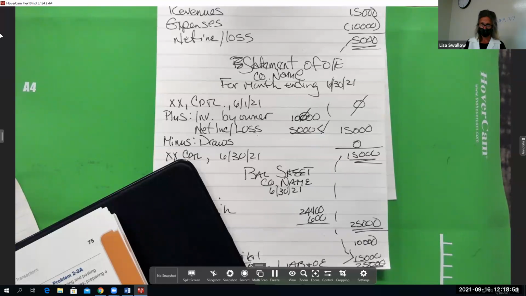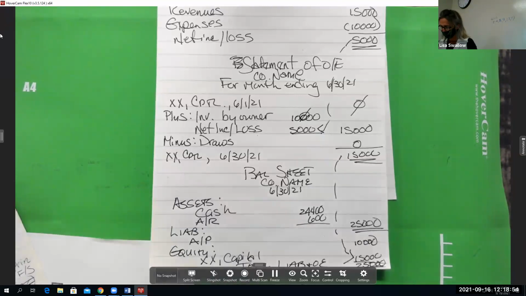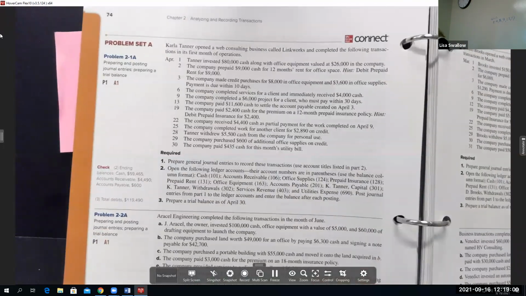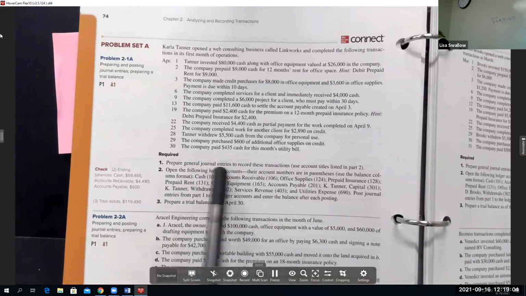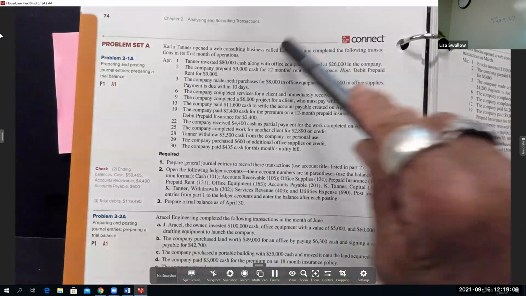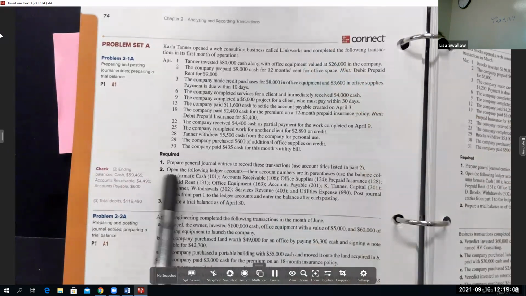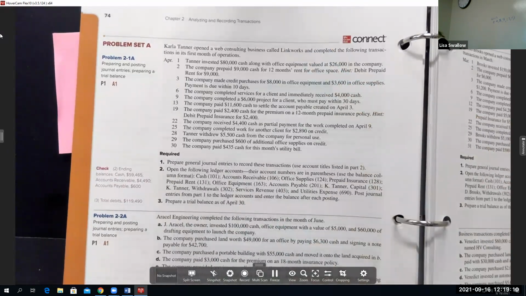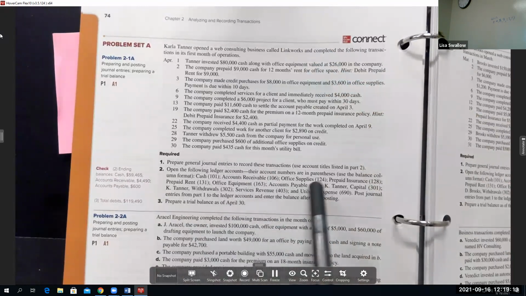Just so you see, it says: prepare journal entries to record the transactions. So you set up a journal and do all these. And then it says open the following ledger accounts and use the balance column format.